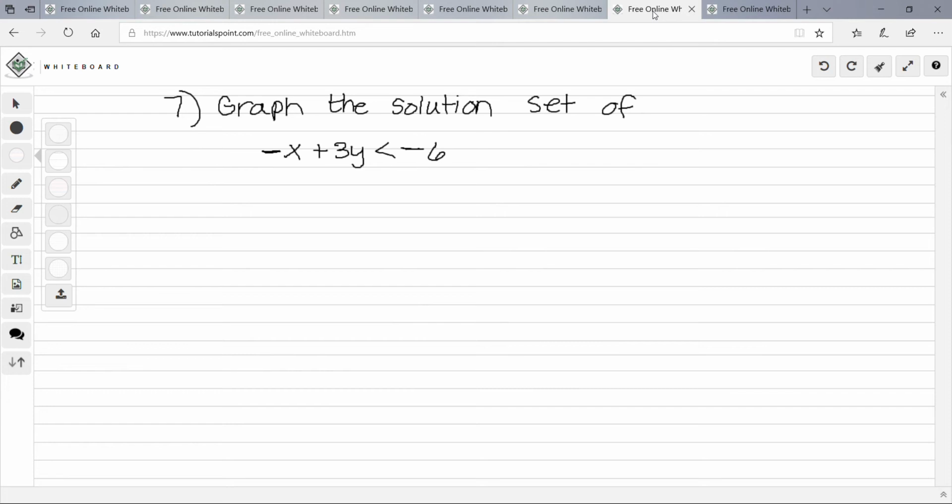So graph the solution set of negative x plus 3y is less than negative 6. What I can do is find the x-intercept, plugging in 0 for y.